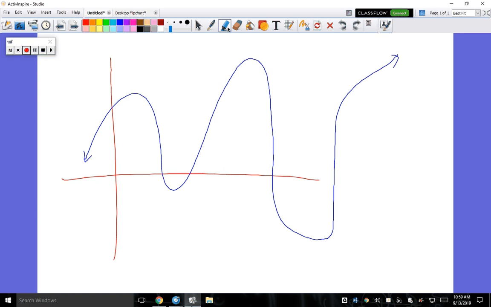So, I want to do a tangent here, here, here, here, here, let's say here. So let's have a volunteer. Who wants to volunteer and come up? Nice, 100 points. So I want you to draw a tangent line at that first x value.